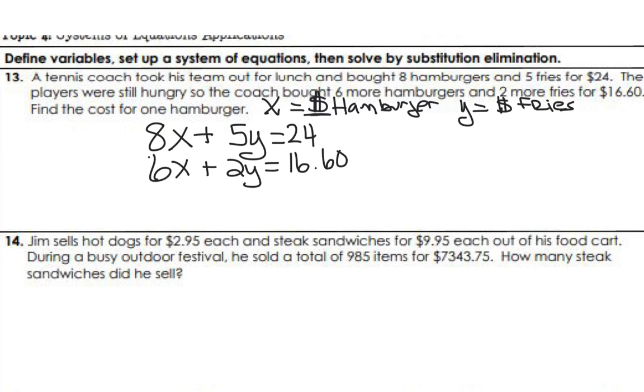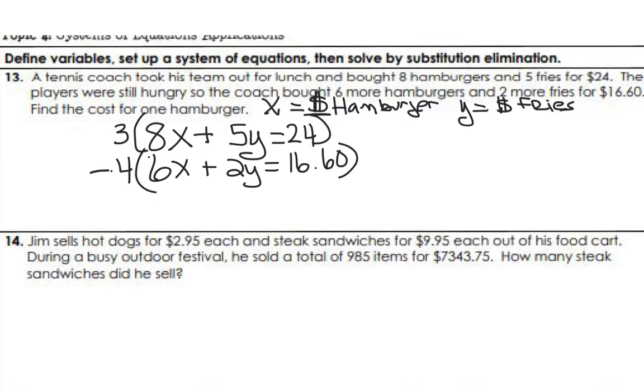So now we need to come up with the same coefficients, 1 plus and 1 minus. So you could do 5 and 2 for 10, or 6 and 8 for 24. So let's do 24. You could do 10, doesn't matter. I'm going to do 24. So 3 times 8 is 24, and 4 times 6, I'm going to make this negative 24.